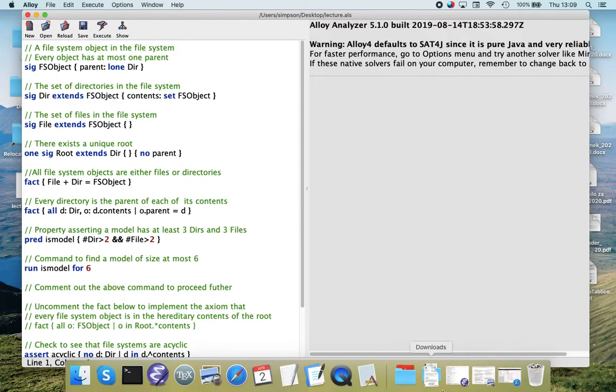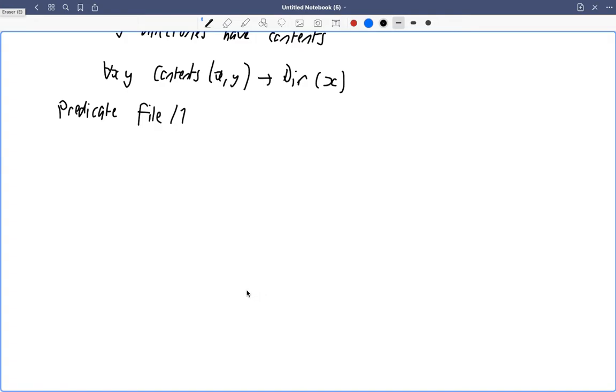So to write that out fully in predicate logic takes a bit of time. So let's actually just carry on. We've got a predicate, also root, and there's exactly one root. So there exists an x such that x is the root.